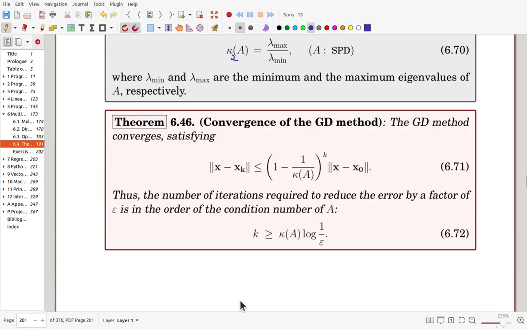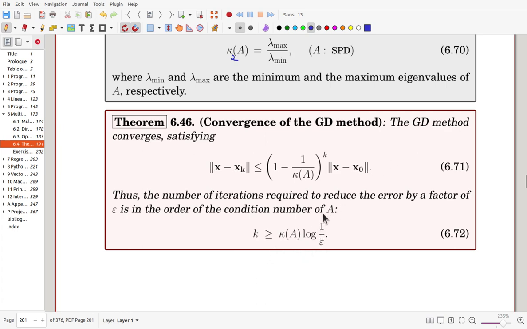Okay, here we have a theorem, convergence of the gradient descent method. The GD method converges satisfying this inequality. So after k iterations, the error is bounded by this portion times the original error, so that the number of iterations required to reduce the error by a factor of epsilon can be found in this way.